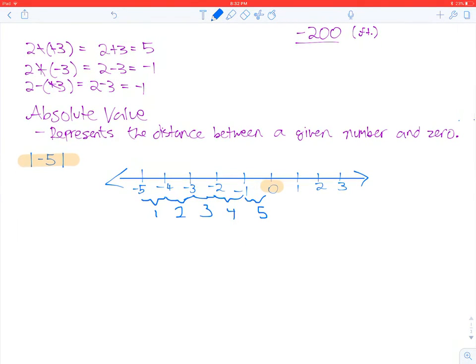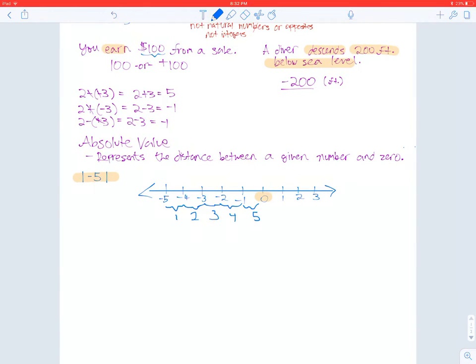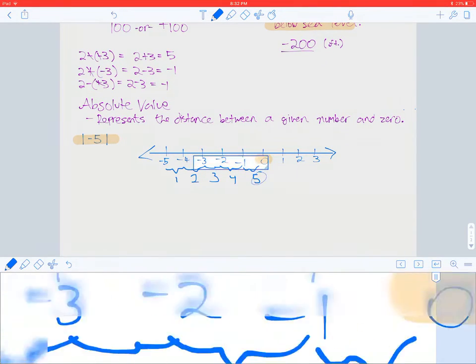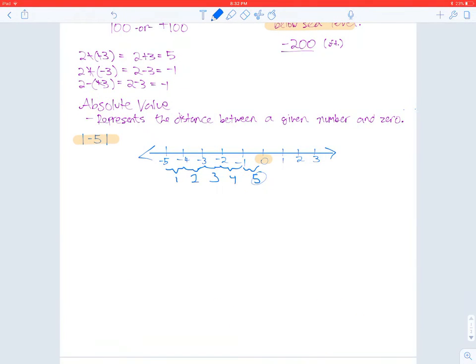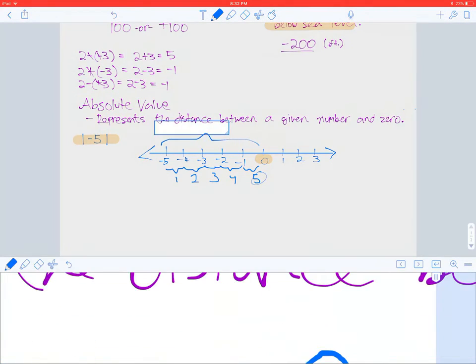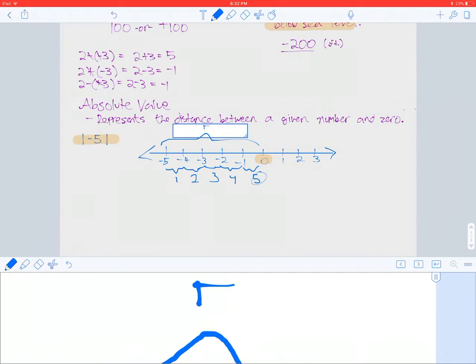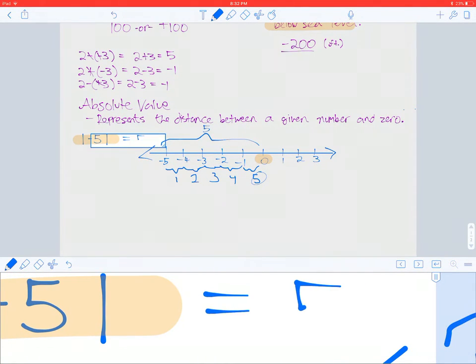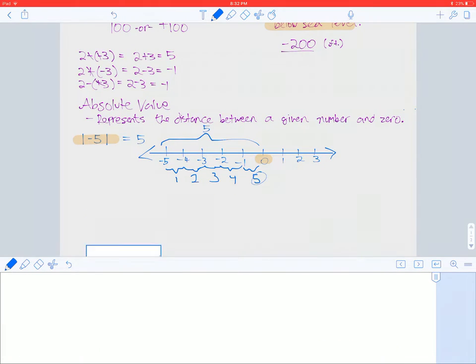So the distance between -5 and 0 is 5, because that's how far apart they are from each other. Therefore, the absolute value of -5 is 5.